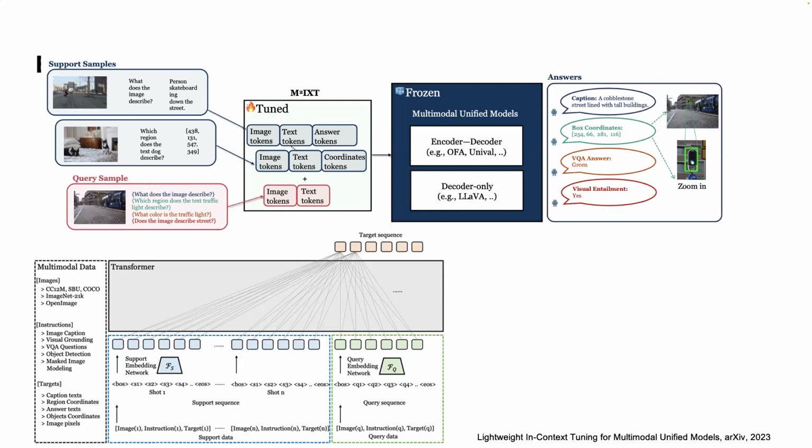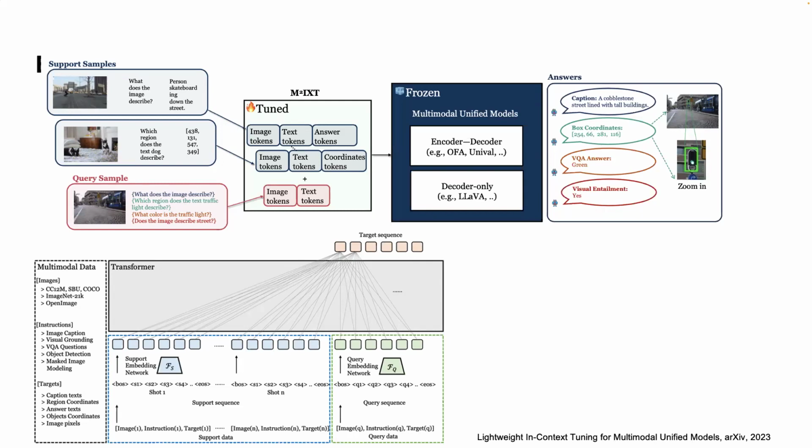During instruction fine-tuning, we use pre-training from different tasks, such as image captioning, visual grounding, VQA, object detection, or masked image modeling. We only fine-tune the mix part and keep the multimodal unified model frozen.